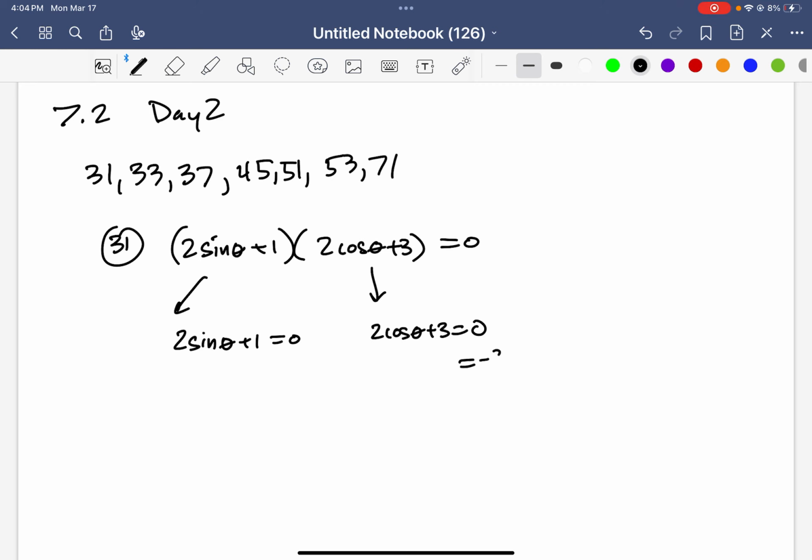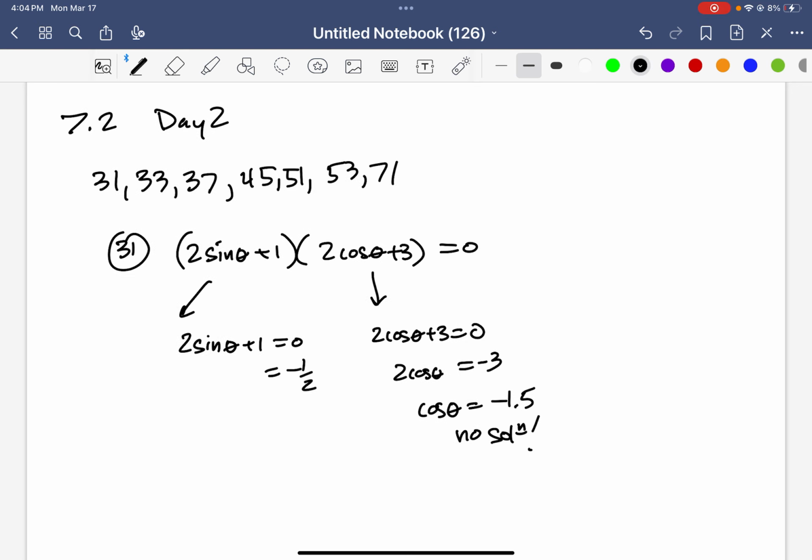Notice what happens here: you get that the cosine of theta is equal to negative 1.5, which has no solution, because the biggest in size that cosine ever gets is 1 and negative 1. So there's no solution.